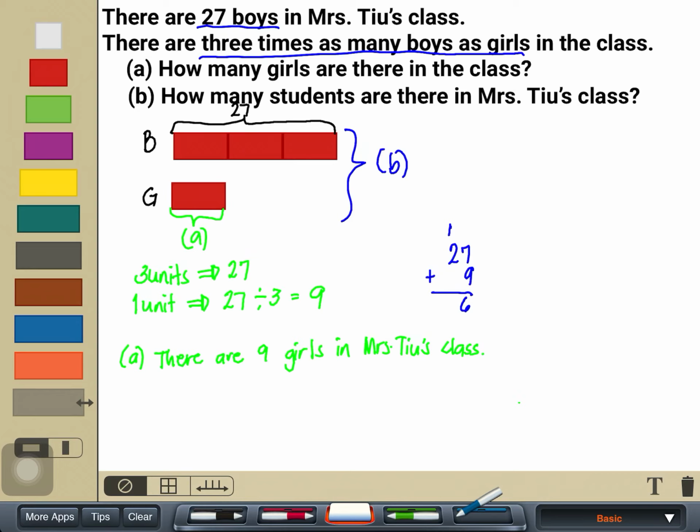Okay, now 1 ten plus 2 tens is 3 tens. So 36. So there are 36 students in Mrs. Tew's class. That's it.